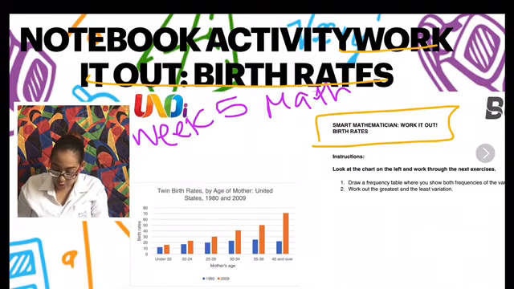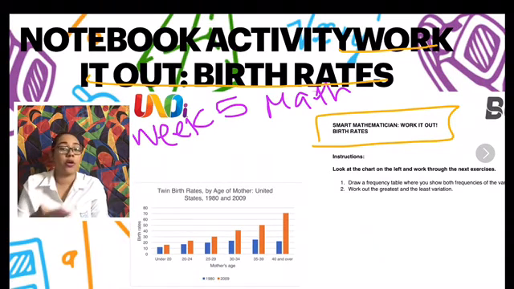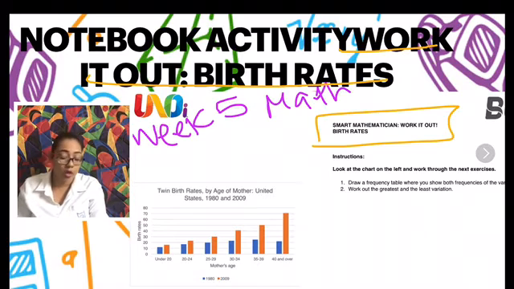Number 1 says draw a frequency table where you show both frequencies of the variables. What is a frequency table? We saw it in week 4. It's a table where you put the numbers according to the category and the problem you have to solve.